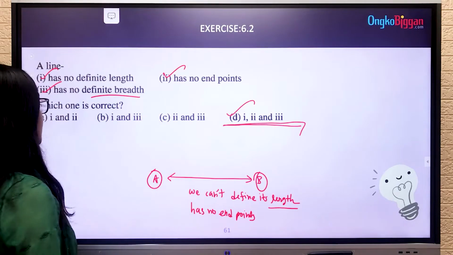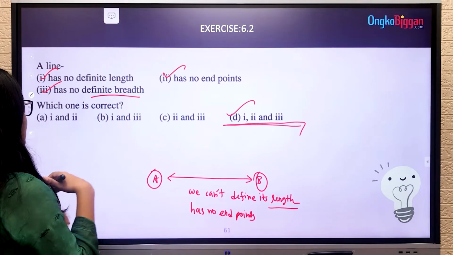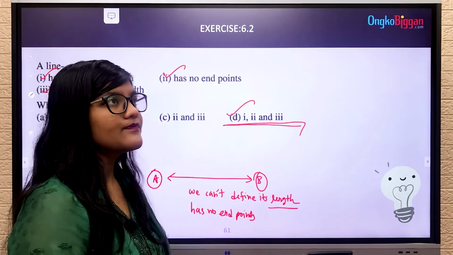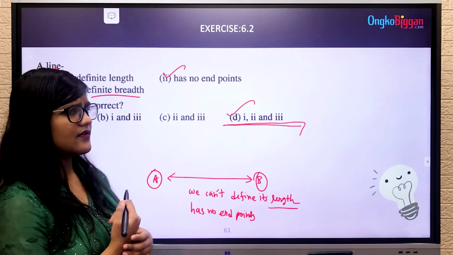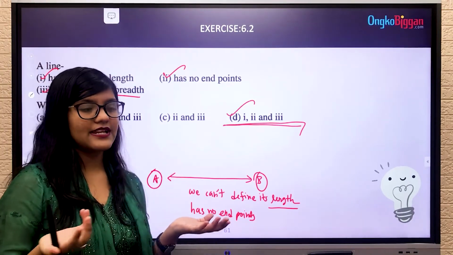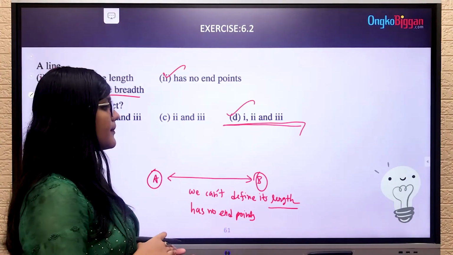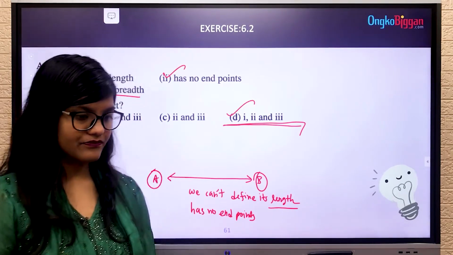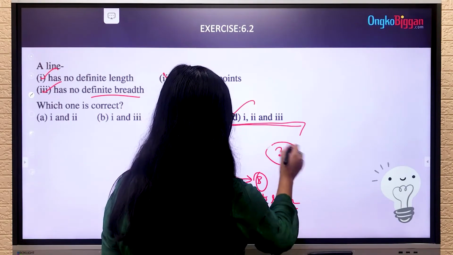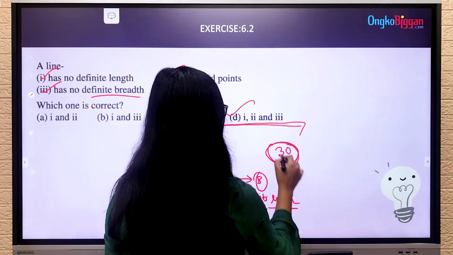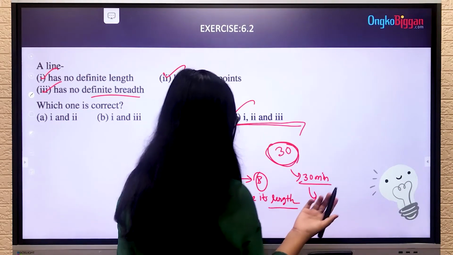In your exam, similarly, it can be given in the case of line segment, in the case of ray. So you need to be very clear with the definitions of line, ray, line segments, and all the geometric structures. They are very easy, but you need to remember them for your MCQ, because in your exam you will be given 30 MCQs and 30 minutes. So for every MCQ you get just 1 minute.